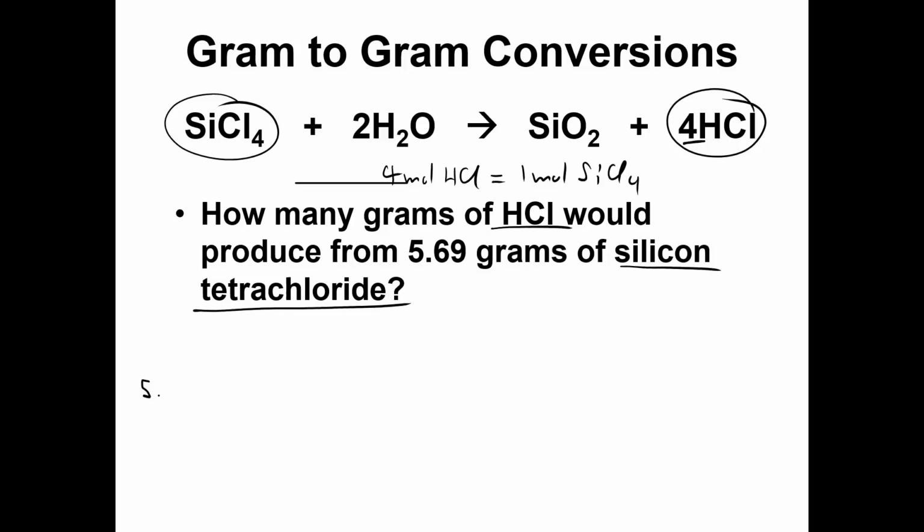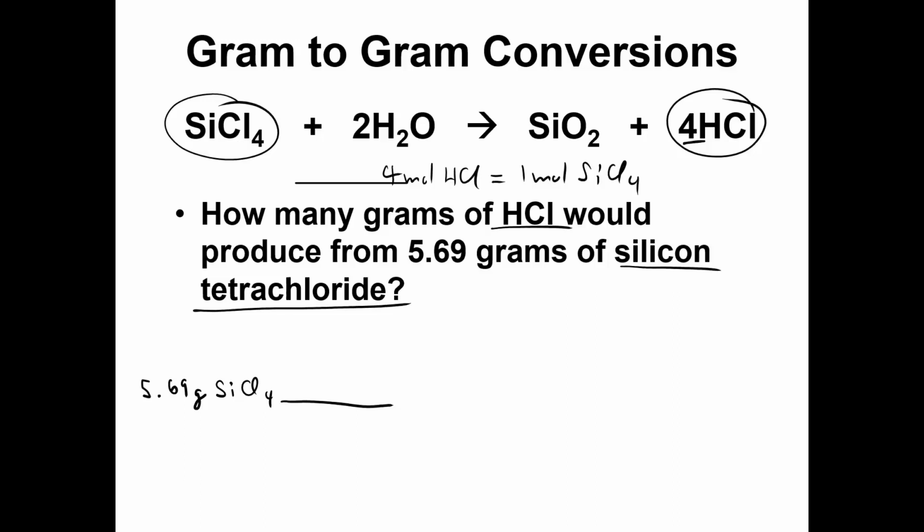So we have 5.69 grams of SiCl4. And so my first conversion has to be from grams to moles. And the relationship is from the periodic table, the molecular weight.